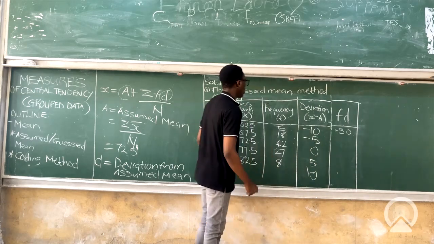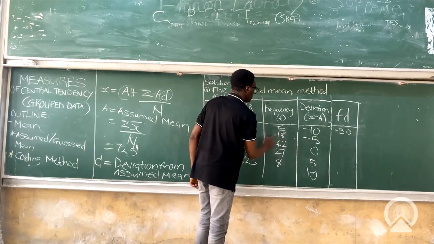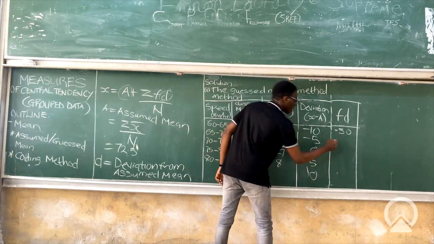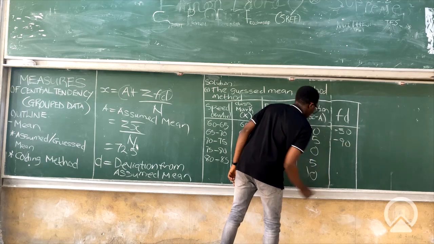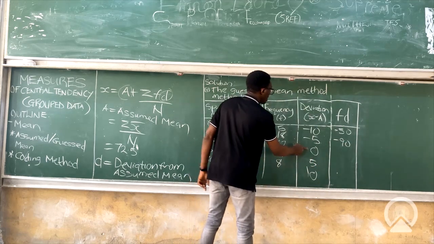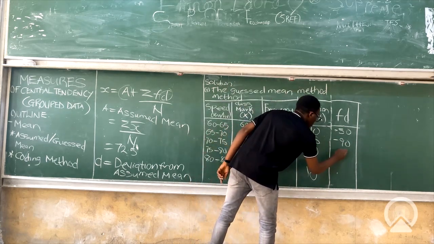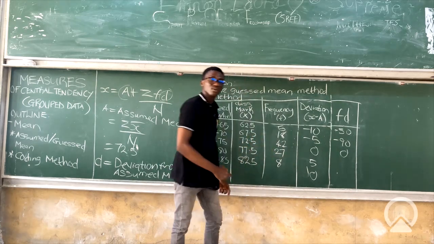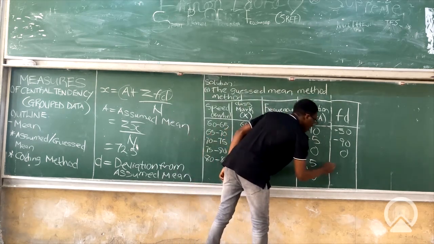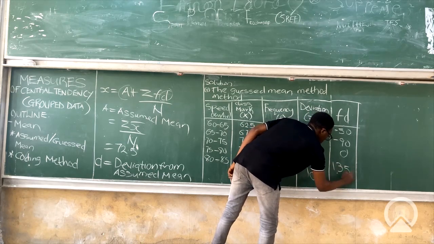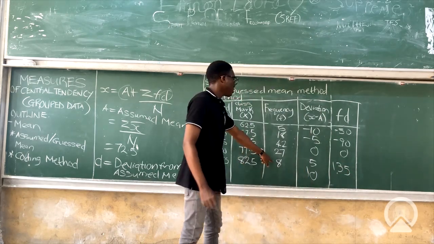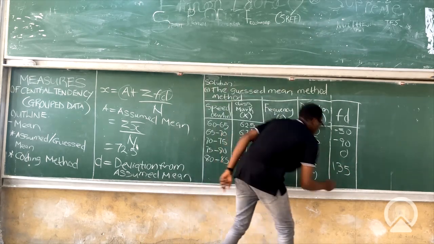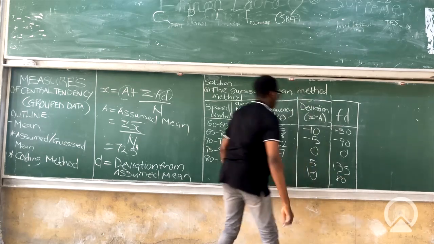Then for the second one, we have minus 5 multiplying 18 to give us minus 90. We have 42 multiplying 0, which we know is 0. We have 27 multiplying 5 to give us 135. And finally, we have 8 multiplying 10 to give us 80.